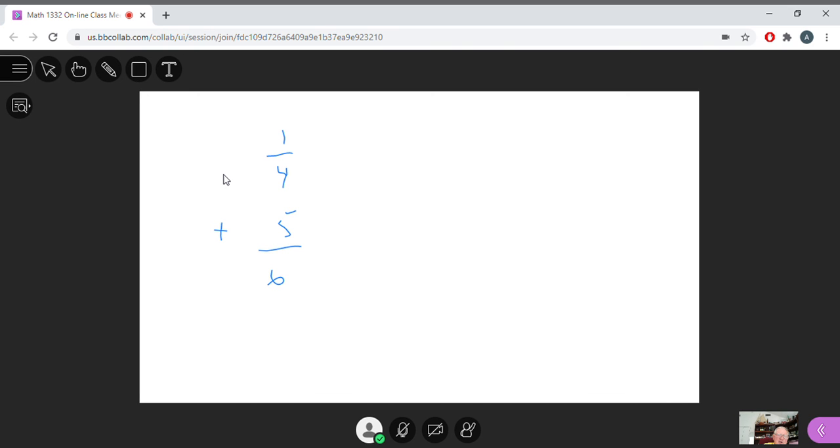Notice I do it in a vertical format, and I build my platform for adding. Now, most people say, well, the common denominator is 6 times 4 is 24, and it would work, and you'd be right, but yet you'd be wrong. Why? Because it makes the number too big. Start out with 6. Will 4 go into 6? No. But what's the next increment of 6? 12. And that works. So your numbers are smaller.